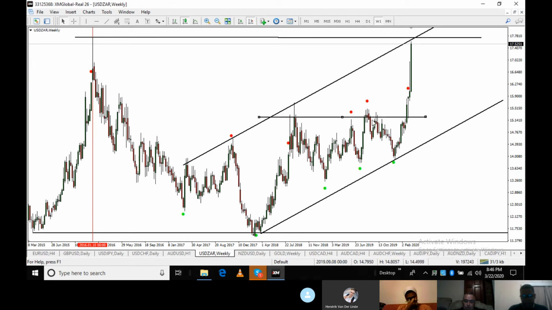So the dollar has been tanking for quite a while now, and it's not that the dollar is getting weak. Imagine that, the dollar being weak against the rand. Just imagine that for a second, guys.